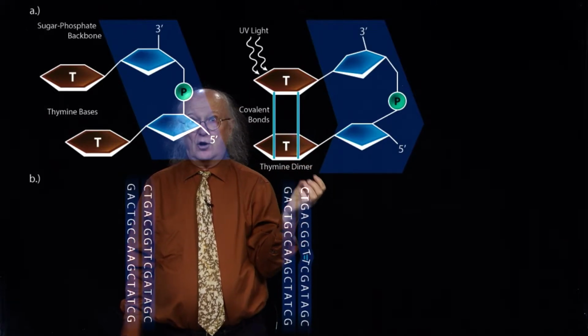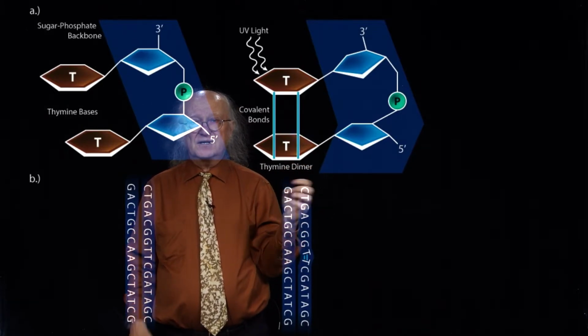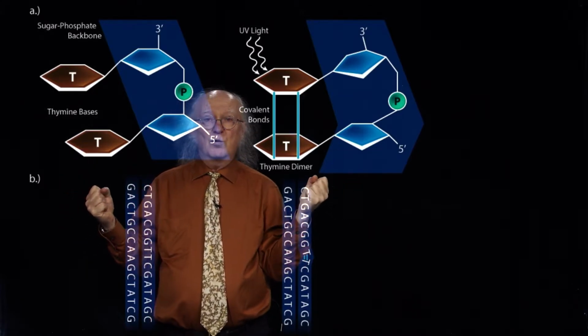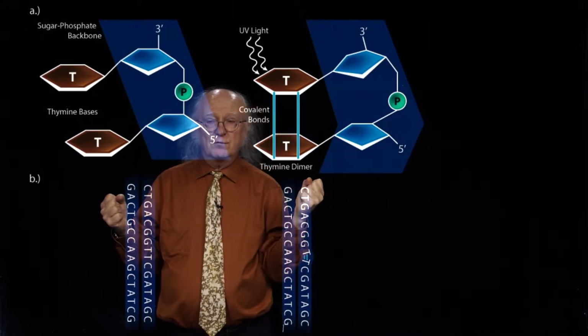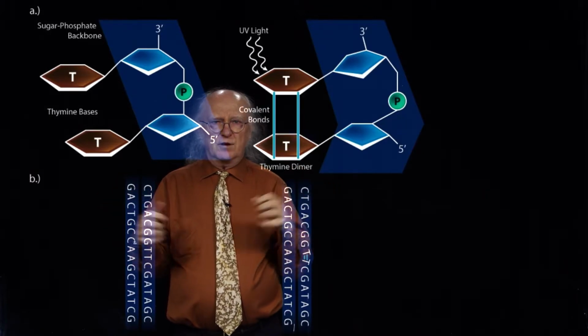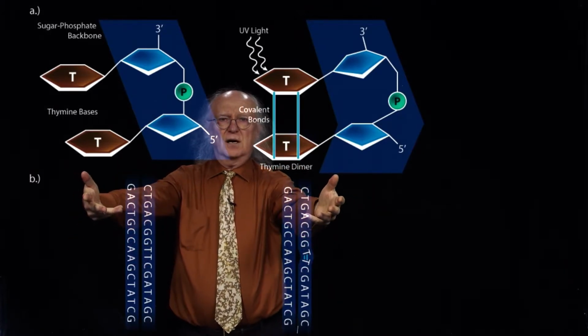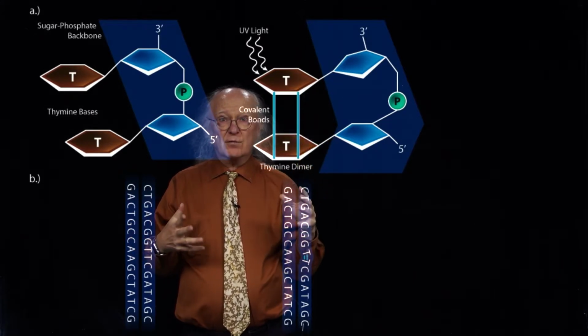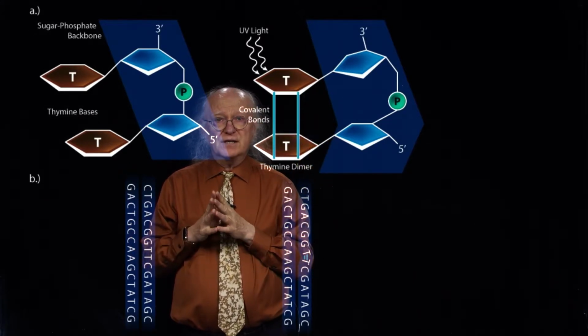And thymine dimers are really problematic because they cause a bulge in the DNA, very much like we saw with the molecule that we added before. Either of these, whether we add something to a DNA or we create a thymine dimer, cause problems in the DNA.